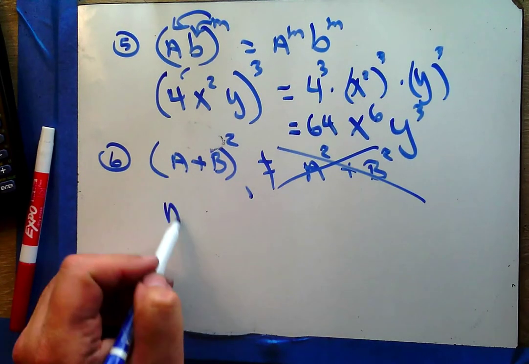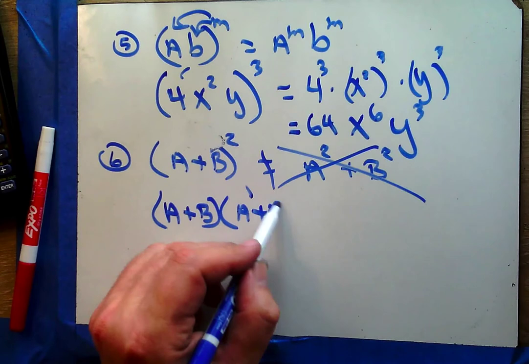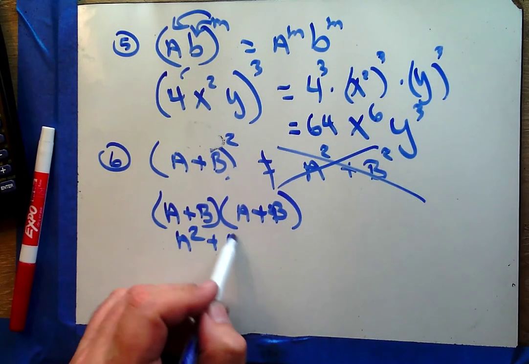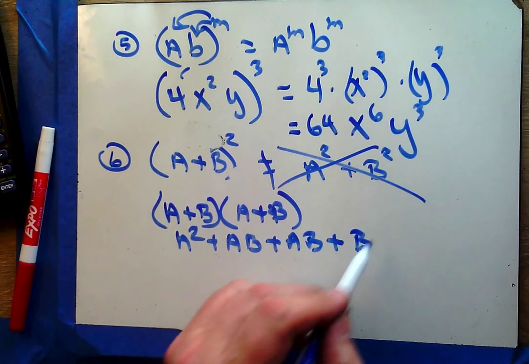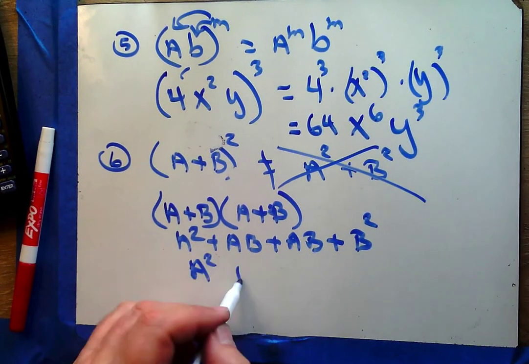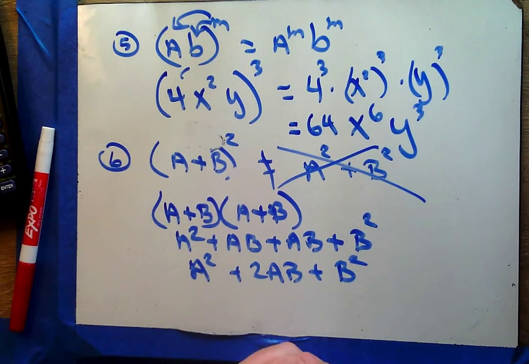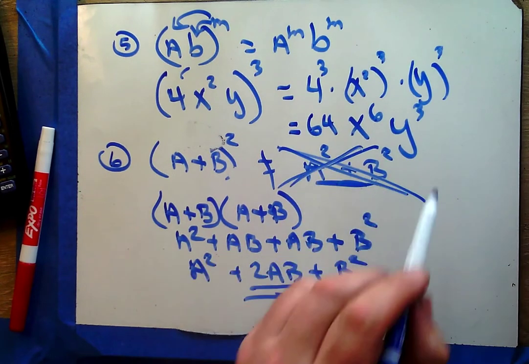This says you've got a plus b times itself. Come on, think about all that foiling you've done. A squared plus ab plus ab plus b squared. And so you get a squared plus 2ab plus b squared. See, there's a middle term. I don't have a middle term here. This is wrong. Don't do that.